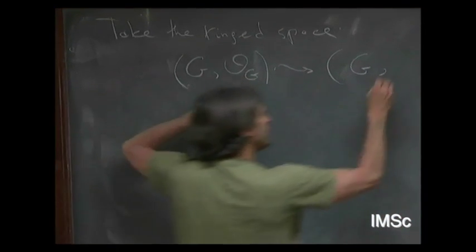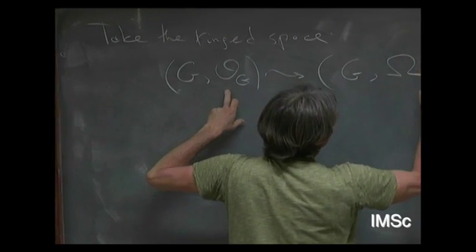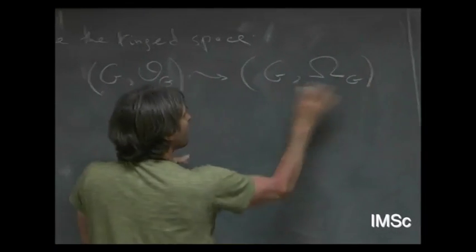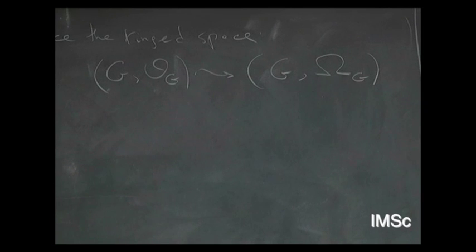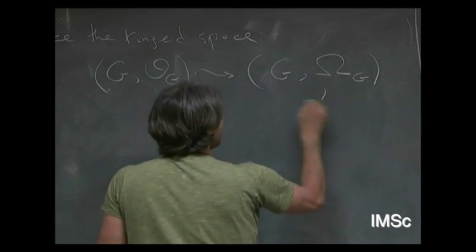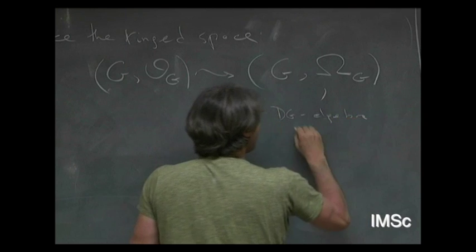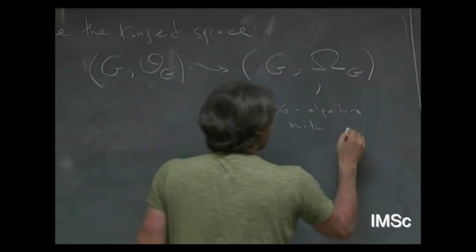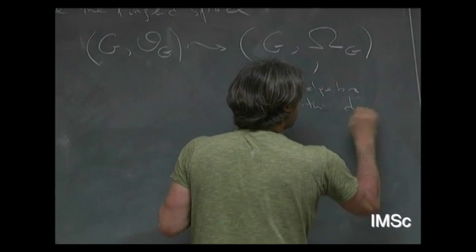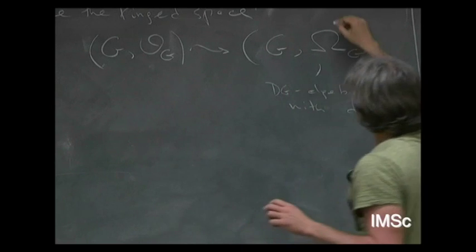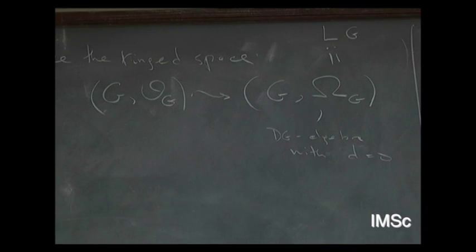We'll have here all differential forms on G, all algebraic differential forms on G. It's a DG algebra with zero differential. So let's denote this space LG, for this reason.